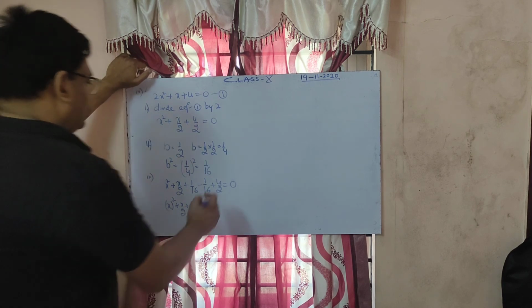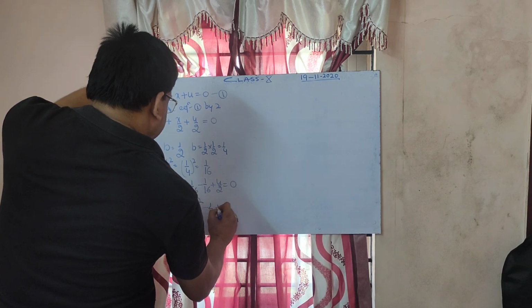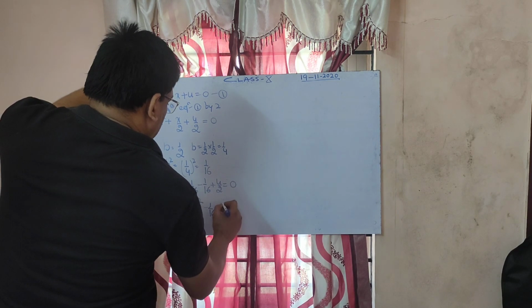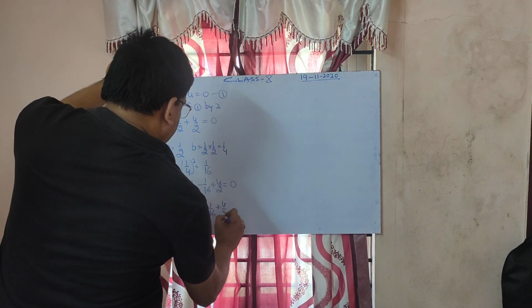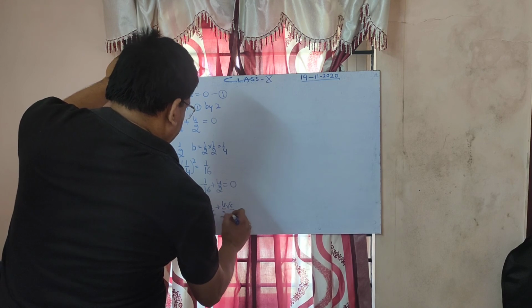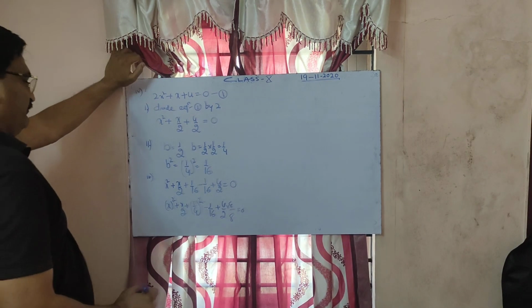Now you could see here 1 upon 16 as it is, plus the 4 upon 2 could be written as, multiply 4 upon 2 into 8 into 8, means 16. The base will be the same.